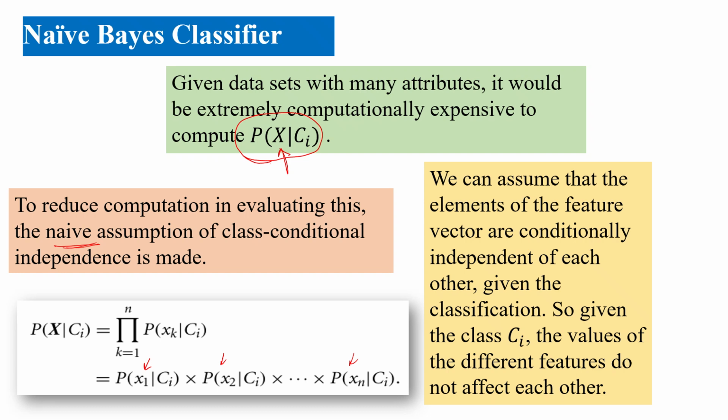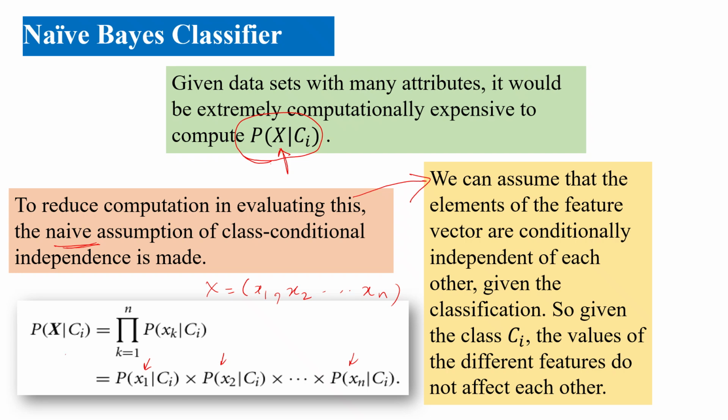We assume that the elements of the feature vector are conditionally independent of each other. So this feature vector, which was x1, x2, xn, is our whole x data. These features are independent of each other given the classification. So given the class Ci, the values of the different features do not affect each other.